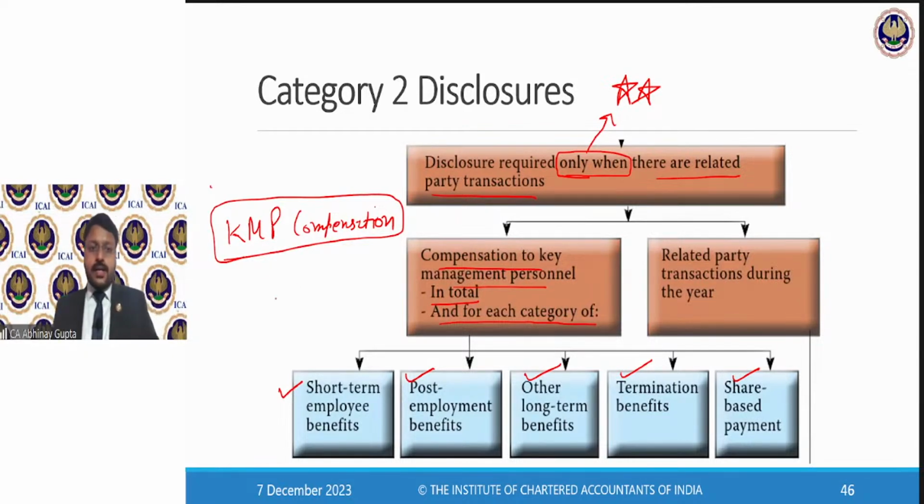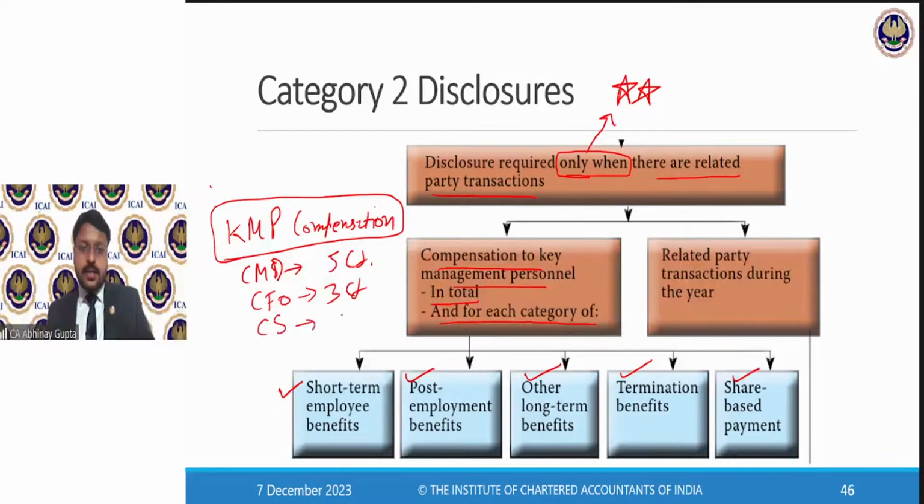And should I say that my CMD salary is, say, 5 crore, my CFO salary is, say, 3 crore, and my CS salary is, say, 2 crore? Should I say like this? No. I don't need to disclose their CTCs or other compensations for these individual categories.